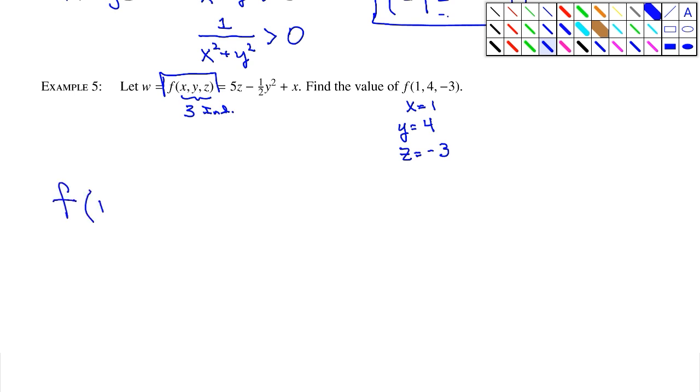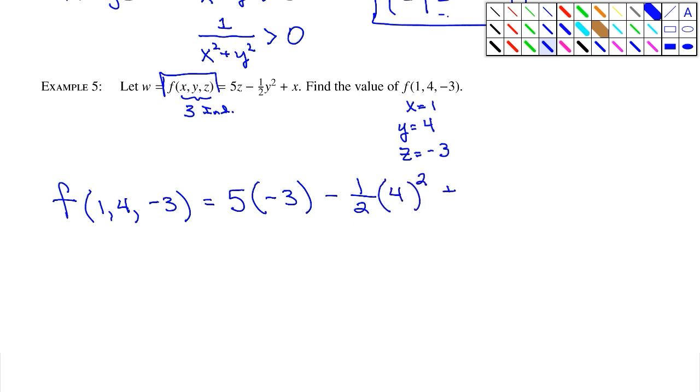So f of 1 comma 4 comma negative 3 is equal to 5 times negative 3 minus 1/2 times 4 squared plus 1. If you work that out, you get negative 22. But it's the order of the variables, because of the way they were listed, that's important in this problem.